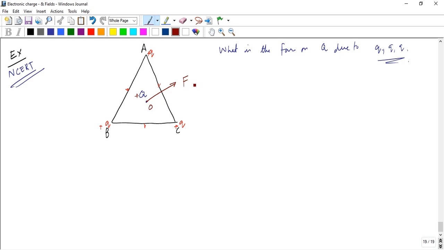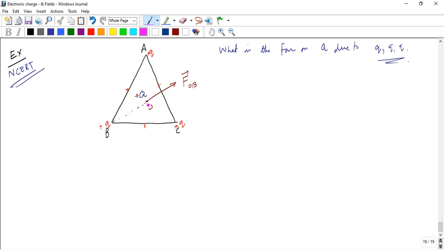That is F of OB, in the outward direction. Similar is the case for plus q at A, so both are positive.